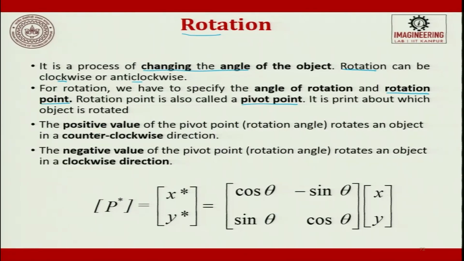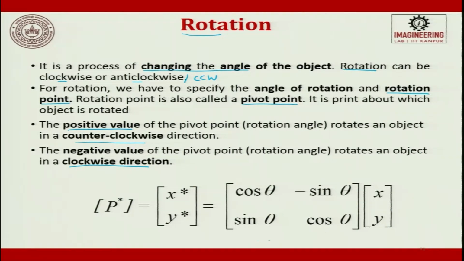So, the positive value of the rotation angle rotates an object in a counterclockwise direction or anti-clockwise direction. So, if it rotates in the counterclockwise direction, it is taken as positive values. The negative values rotate an object in the clockwise direction.